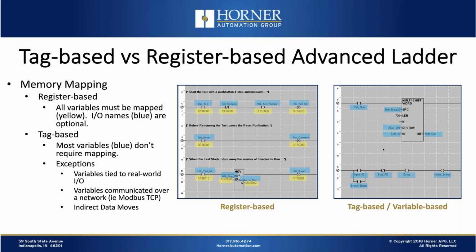Most variables do not require mapping. And when you look at that little snippet of logic there on the right, you'll see strictly variable names highlighted in blue without any references to mapping because it's not required for most variables. But there are some exceptions. Variables that are tied to real world IO do need to be mapped.